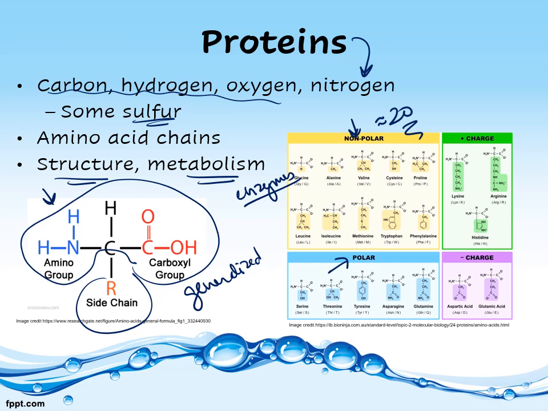This does allow them to dissolve a little bit more easily in water. And then we have some that are more than polar, but they are actually charged. So they might have a positive charge, they might have a negative charge. These guys, again, a little bit more ionic, allow the protein to have that charge to move around through the water a little bit differently than those non-polar amino acids will allow.